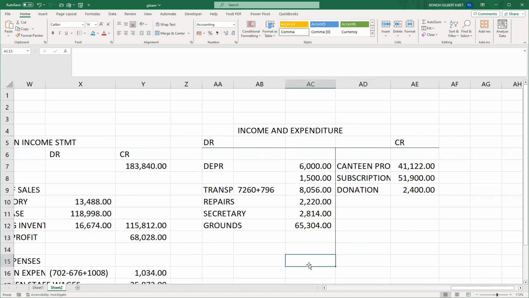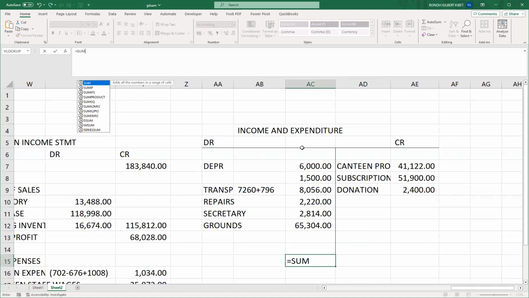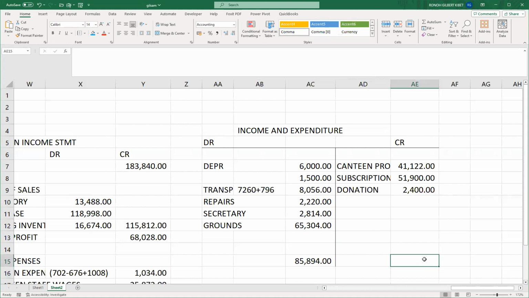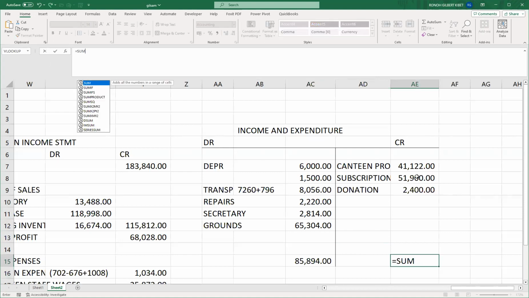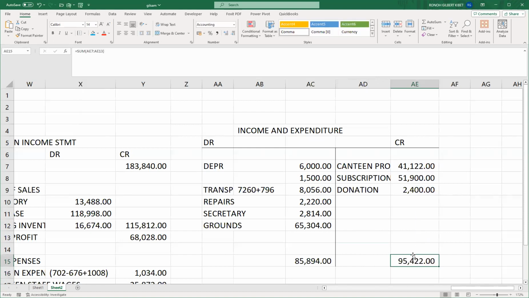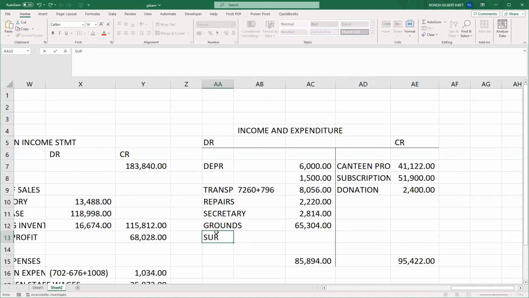So let's add for the debit, and put the other side. So credit is more, so we have a surplus. We have a surplus of how much?